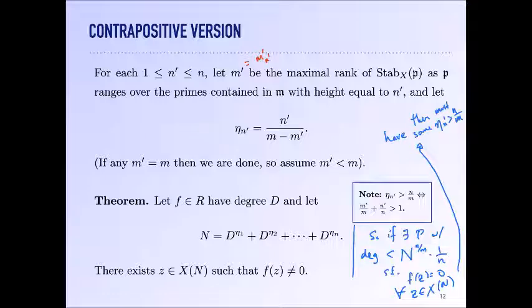So we must have some eta prime that's greater than n over m, and that implies what we want. So this theorem is the contrapositive version of what we want to prove. Now we just have these invariants, these etas, and we want to show that there exists some element of X of n such that if you take the group action on the element associated to our polynomial, then it doesn't vanish at that point.